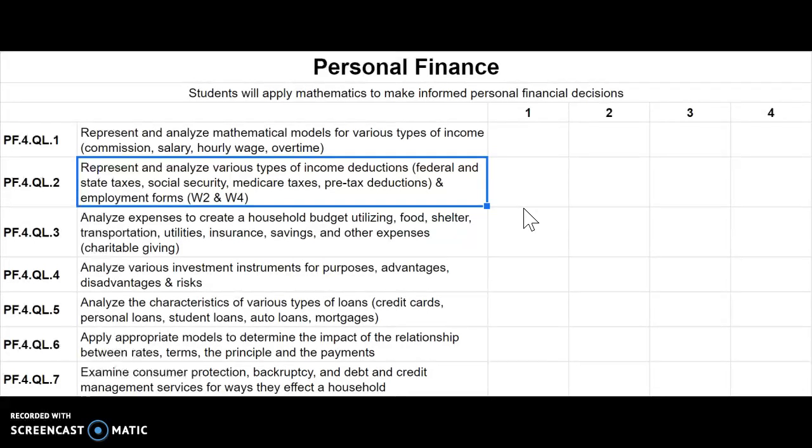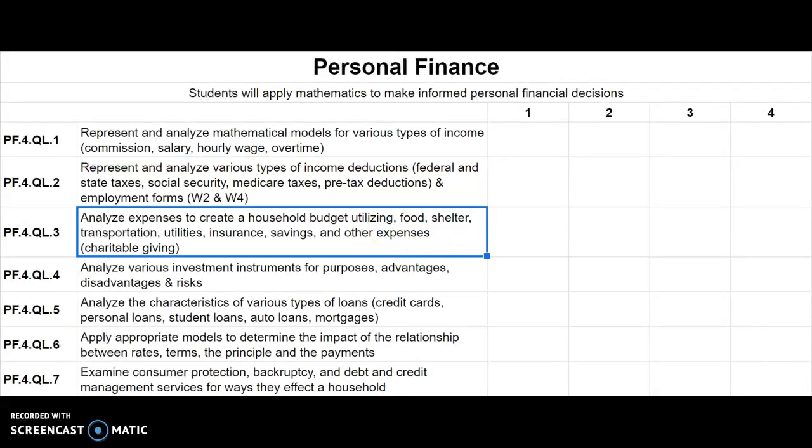Yeah, so that's one of those deductions right there. And then remember, another pre-tax deduction that is not listed on here is the contribution to your 401k. And so that's something that you would definitely want to put in this project as well. Okay? You also need to make sure that you talk about your W-2 and W-4.